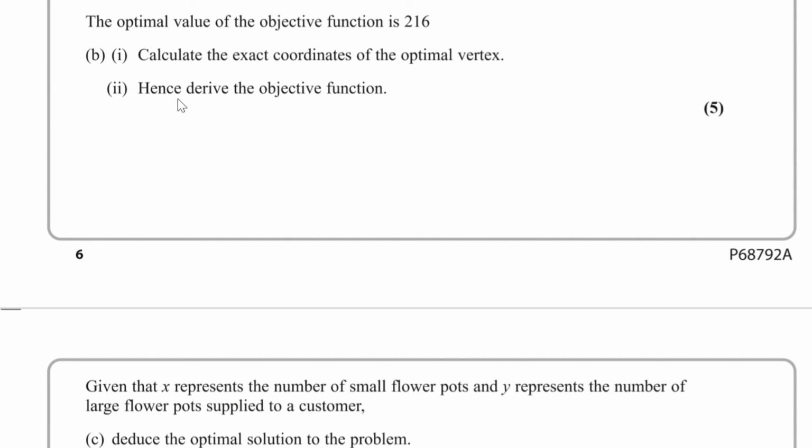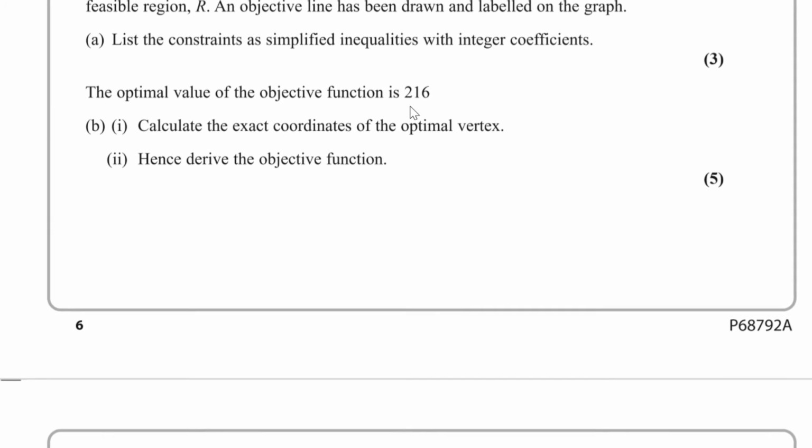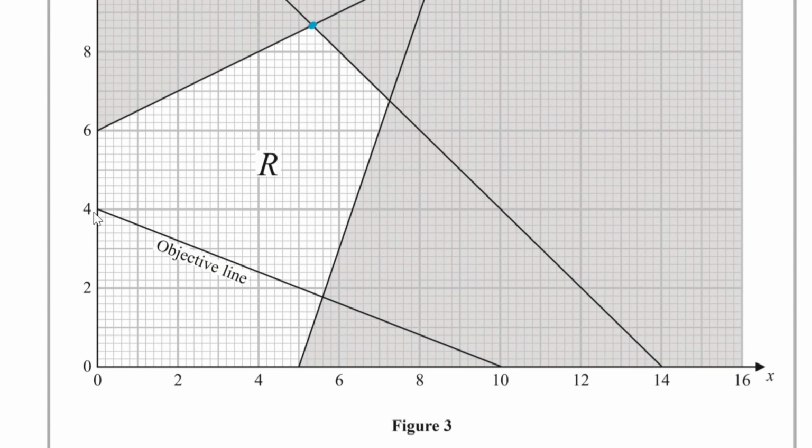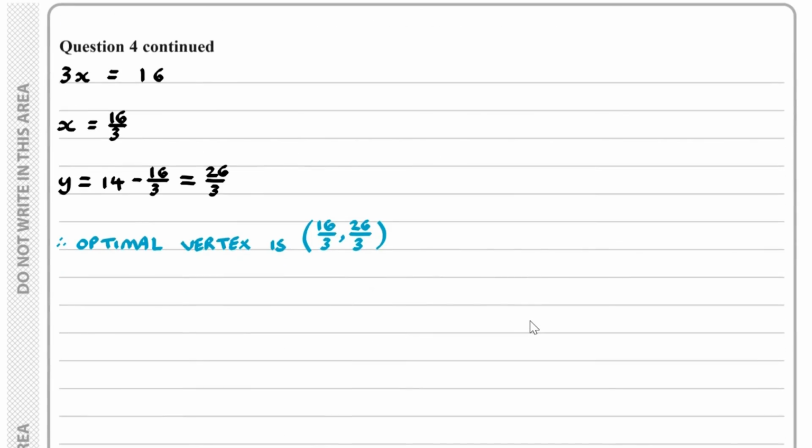So now what we need to do is derive the objective function. Now it passes through 0, 4 and 10, 0. So that means for the next part, the objective function is of the form p equals some constant k multiplied by 10y plus 4x.